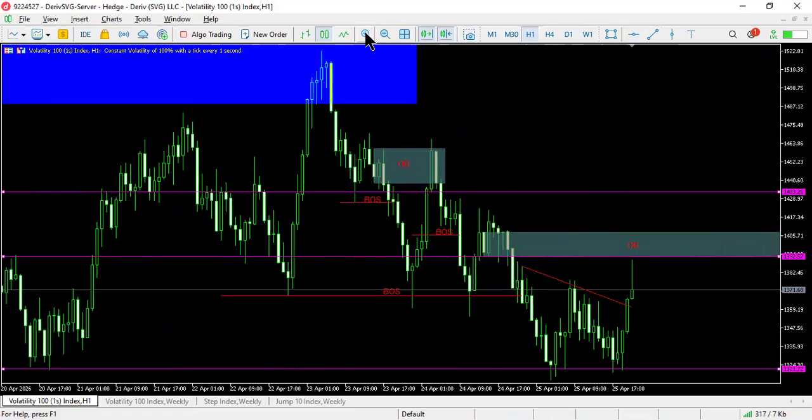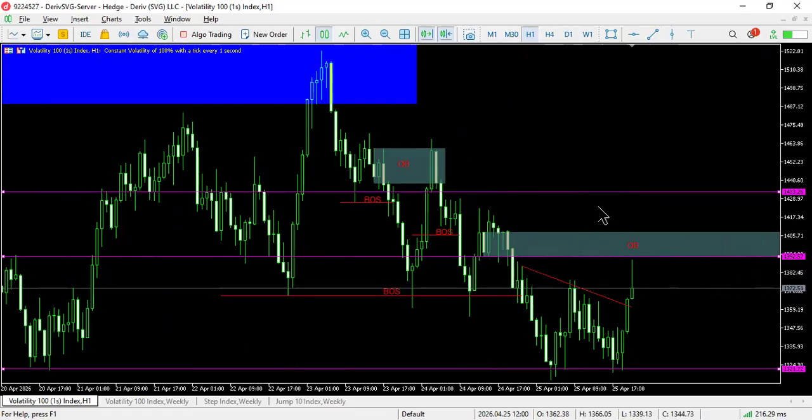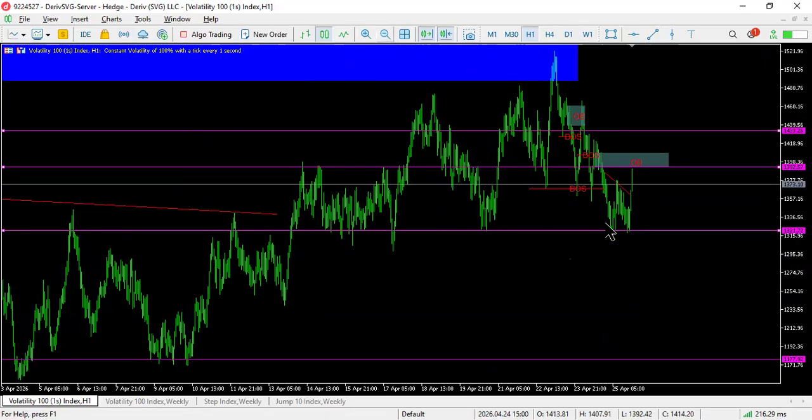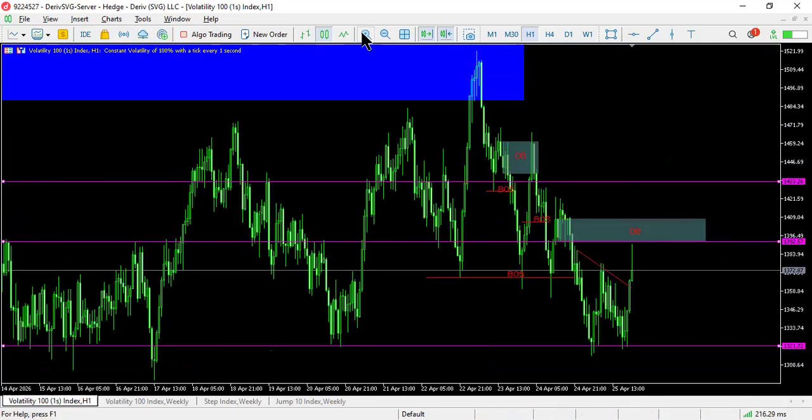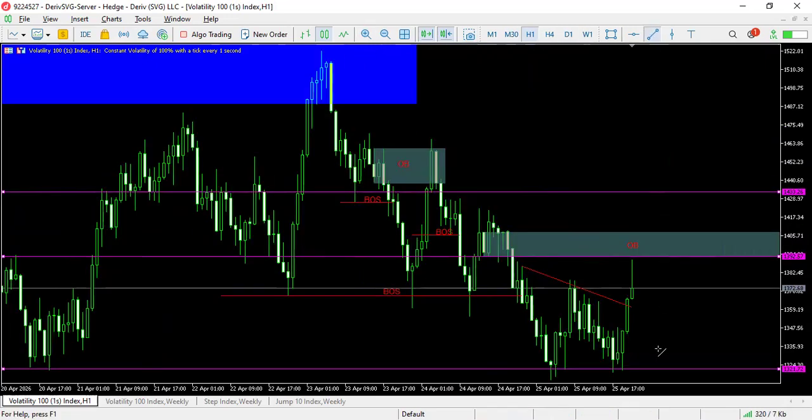Go ahead and place a sell limit on volatility 101S with your entry price at the order block at 1392.57, with your stop loss at 1433.26, and your first take profit at the first swing low at 1321.7, and then our second take profit is going to be at 1179.92. And always apply proper risk management.